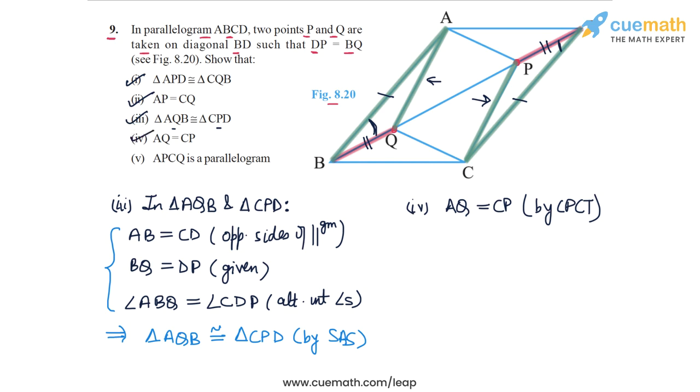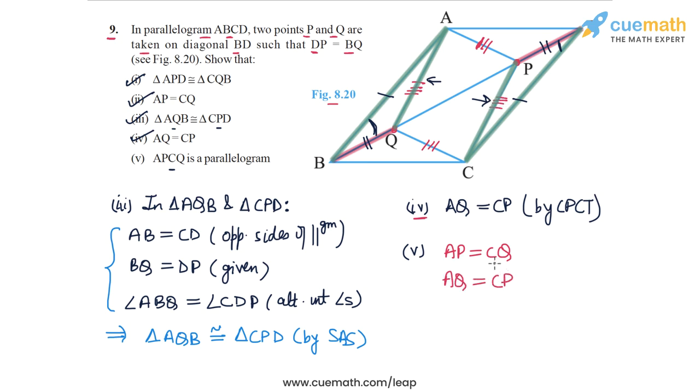Finally, for part 5, in which we have to show that APCQ is a parallelogram, all we need to do is observe that in part 2 we proved that AP is equal to CQ. So AP is equal to CQ. And in part 4, the previous part, we proved that AQ is equal to CP. So AQ is equal to CP.